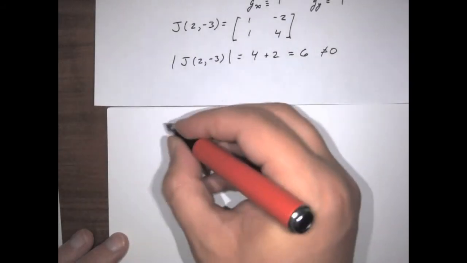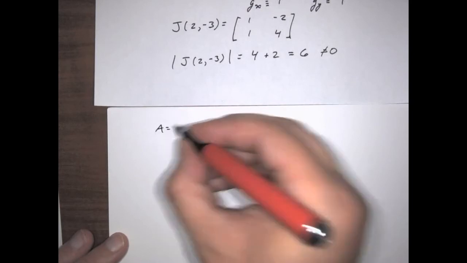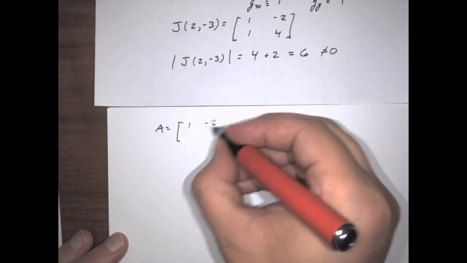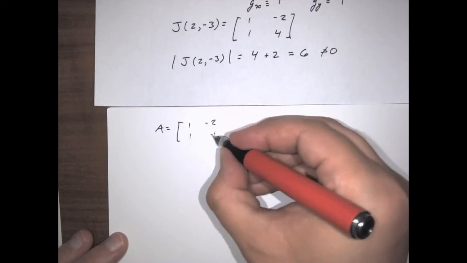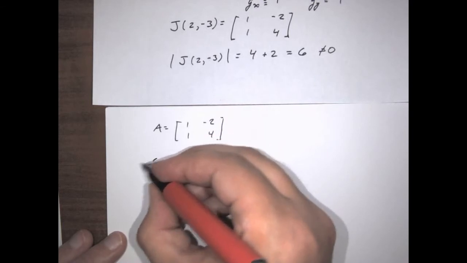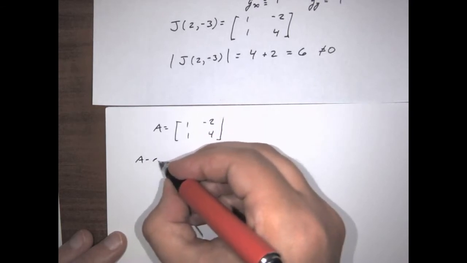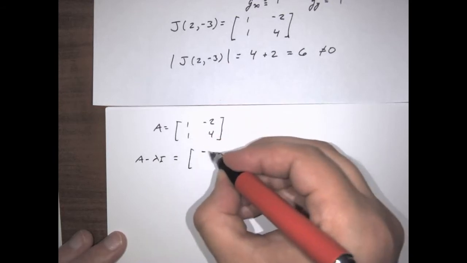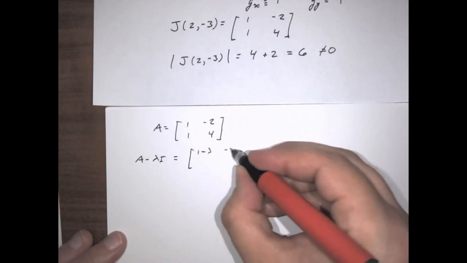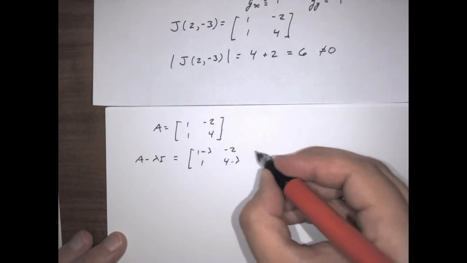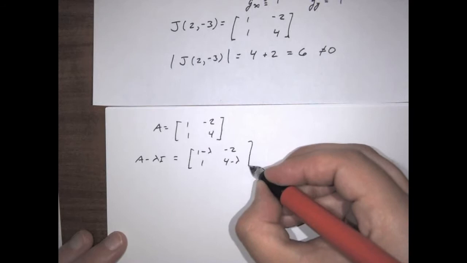So then, to find the eigenstuff, we have to use the matrix A, which is 1, negative 2, 1, 4, which then means that A minus lambda I would be 1 minus lambda, negative 2, 1, 4 minus lambda.